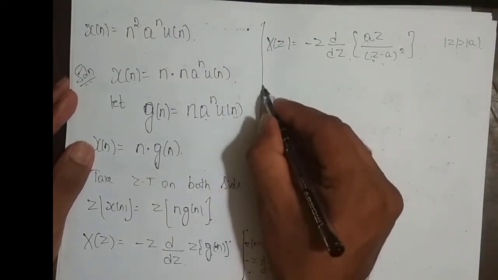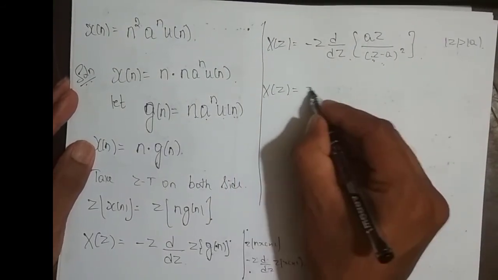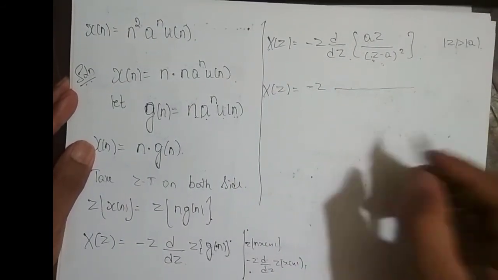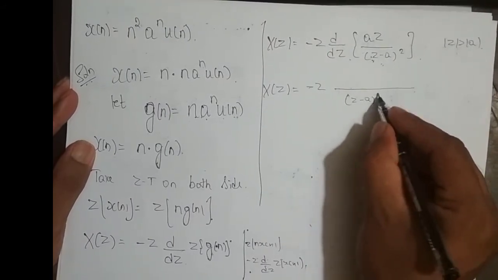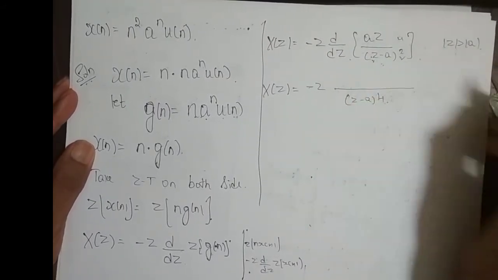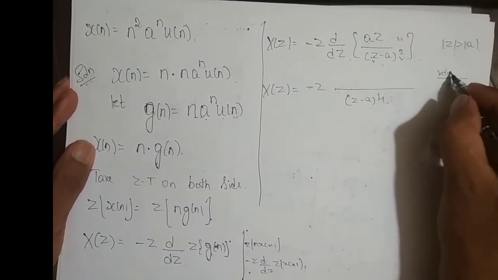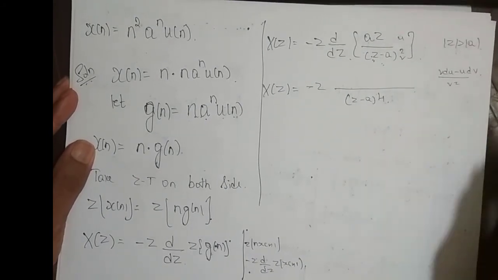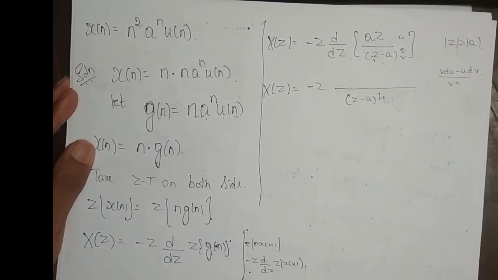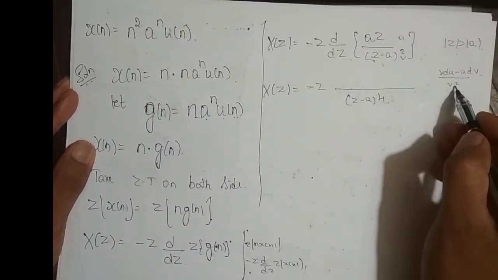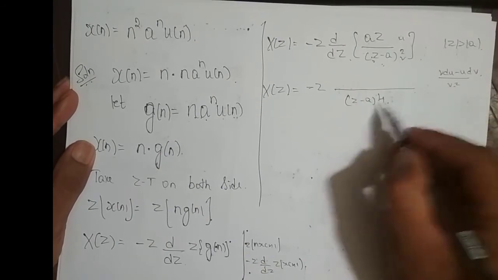Okay. So x of z is equal to minus z into, z minus a whole power 4 in the denominator. This is of the form u by v, so the derivative is v square in the denominator, and v times differentiation of u minus u times differentiation of v. So I'm done with the denominator, z minus a whole power 4.